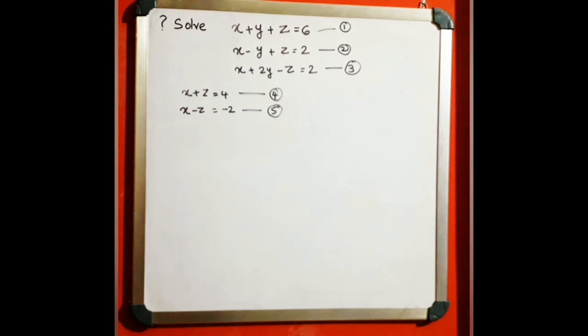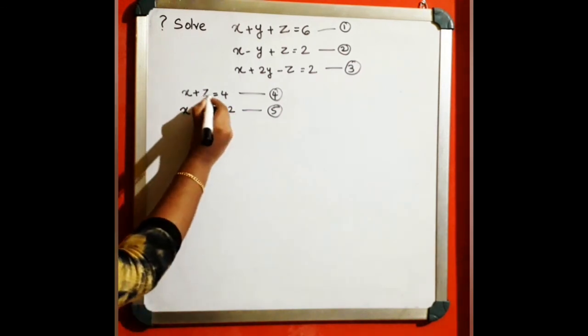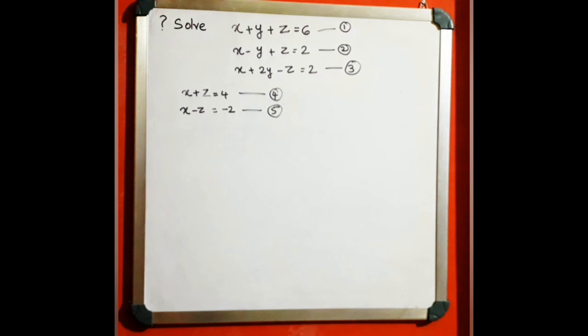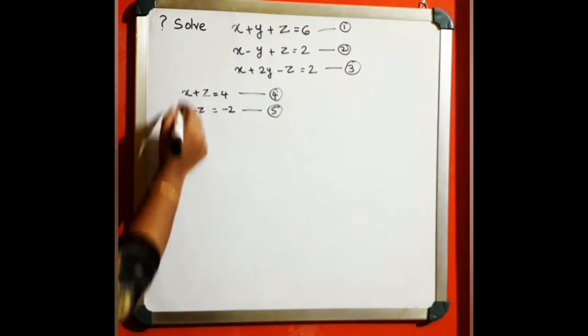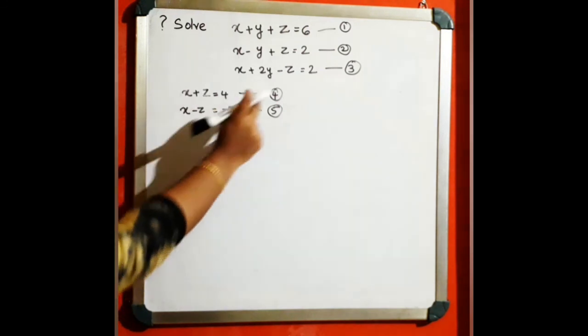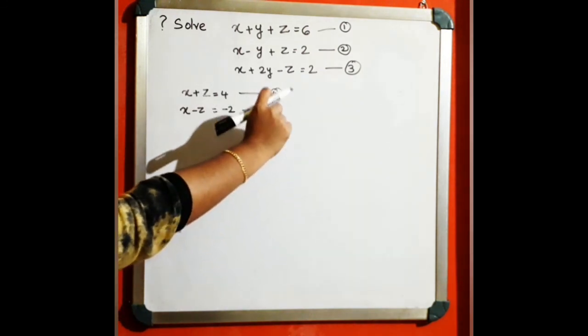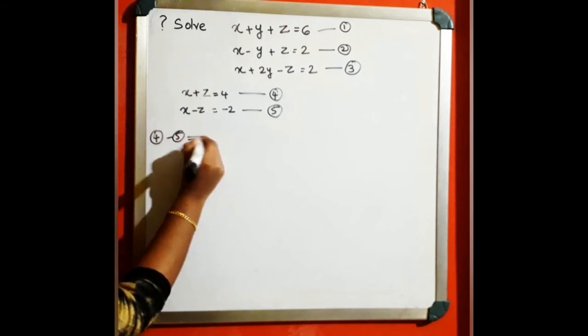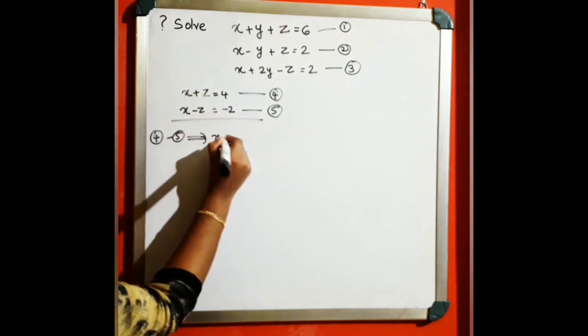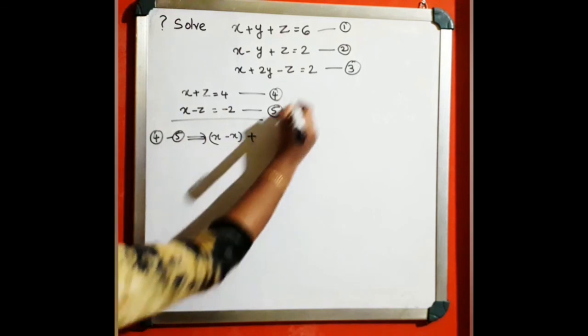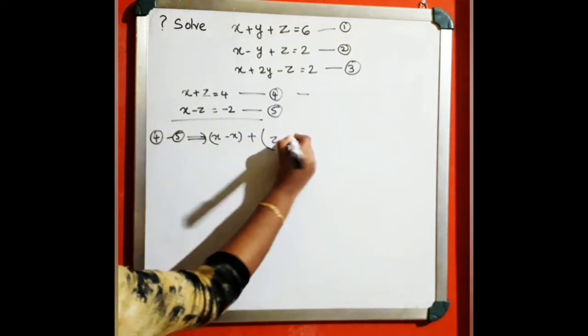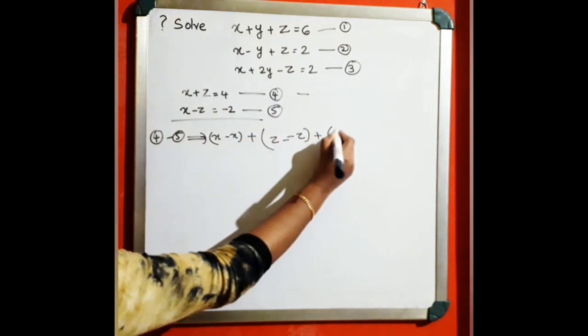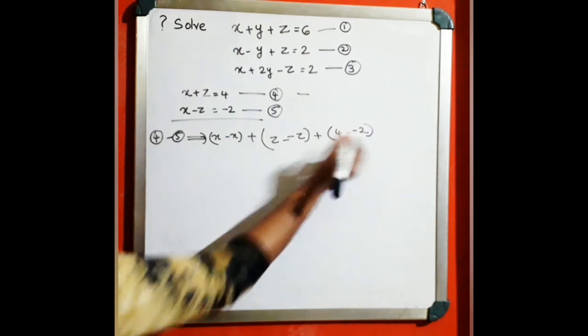The equations are x plus z is equal to 4 and x minus z is equal to minus 2. To eliminate x, here the coefficient of x is same. So to eliminate x, we just subtract this equation. We get x minus x plus z minus minus z plus 4 minus minus 2.